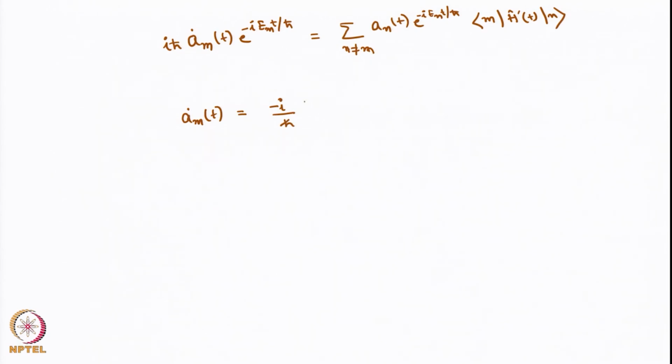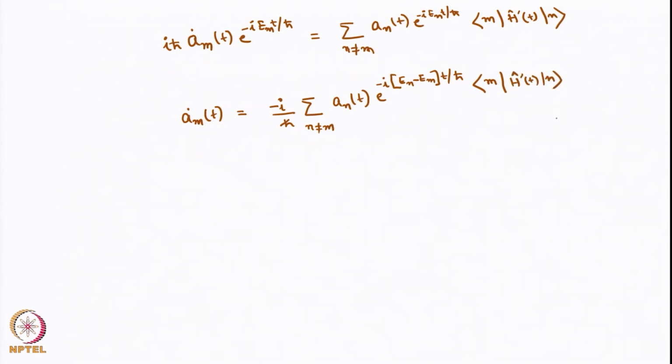So this will become sigma over n not equal to m a_n of t e to the power of minus i (E_n minus E_m) t by h bar <m|H'(t)|n>.